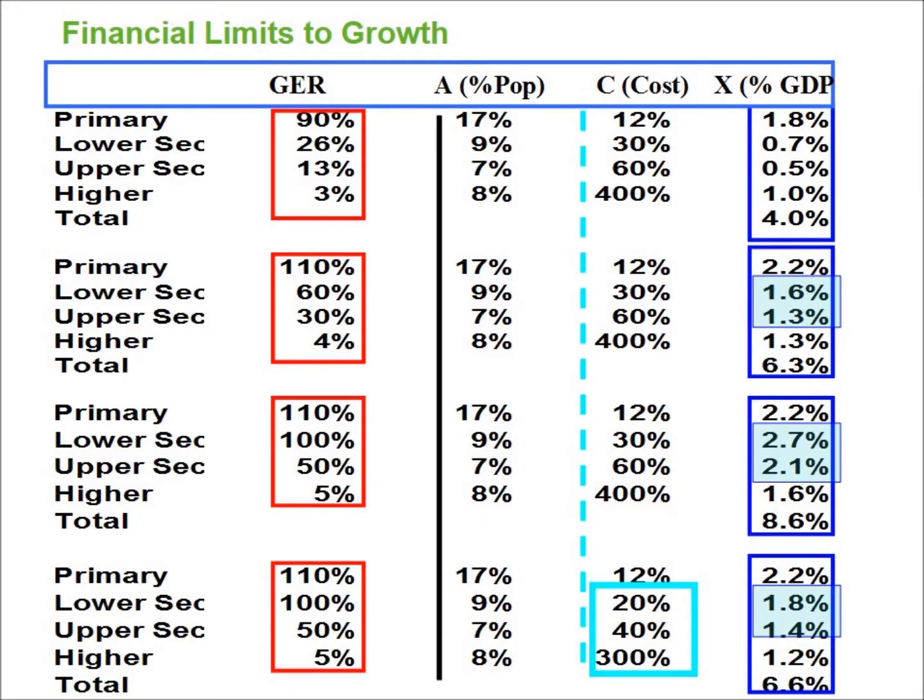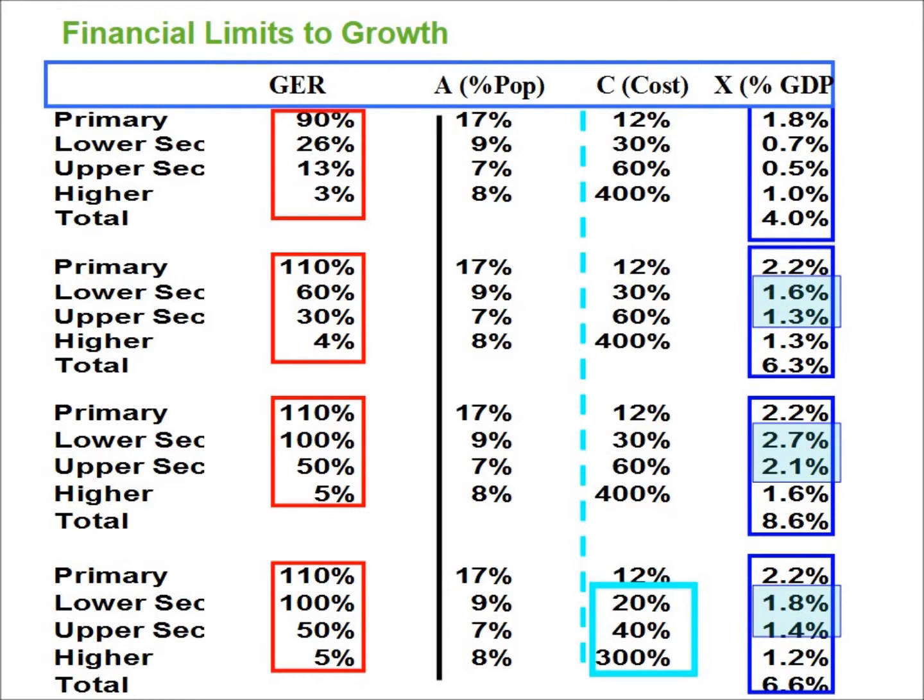The worked example that you now see shows you how this might work in practice. The first case which is given there shows a system where the primary school gross enrolment rate is 90%, lower secondary 26%, upper secondary 13%, higher education 3%.